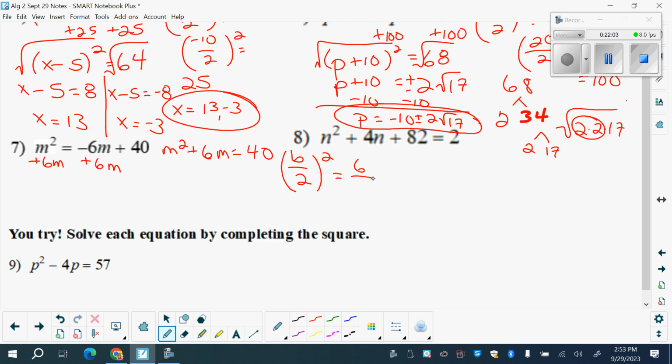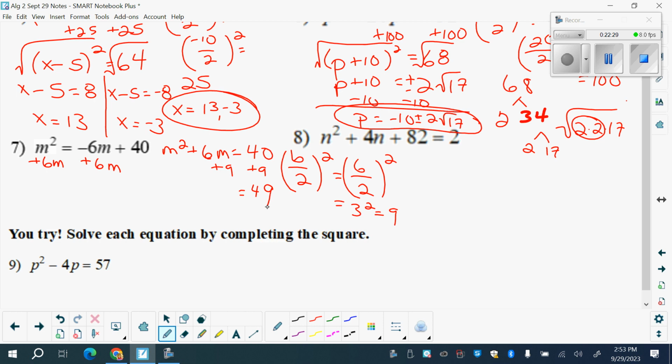This is a b, this is a 6. 6 divided by 2 squared is 9. So we're going to add 9 to this side and add 9 to this side. So what's 40 plus 9? 49. And then we want to factor this, m squared plus 6m plus 9.